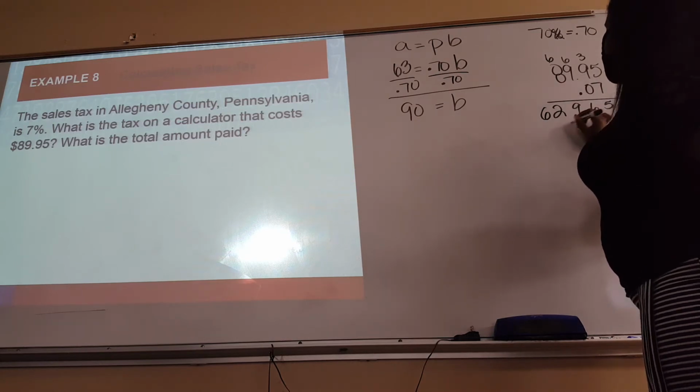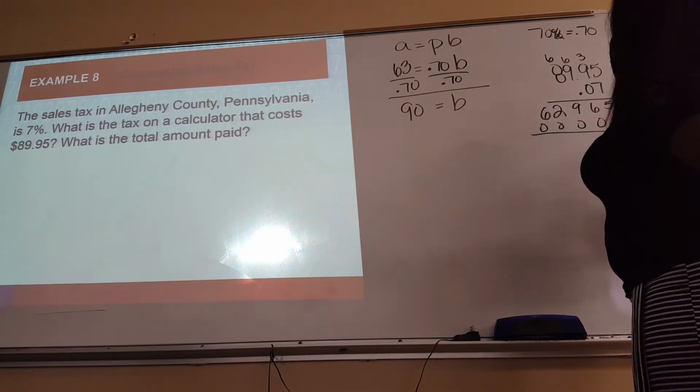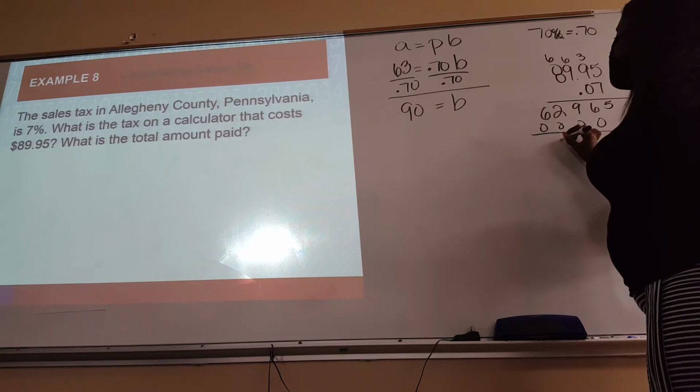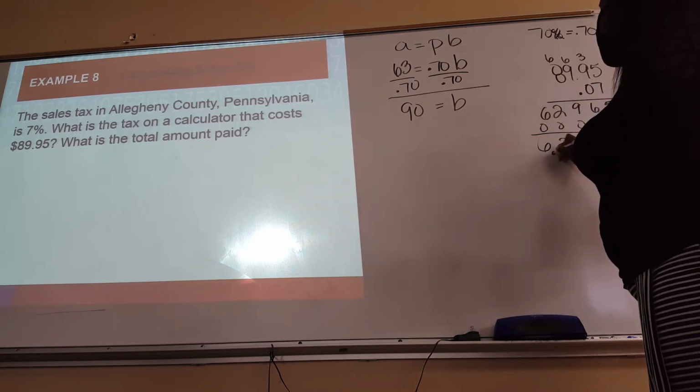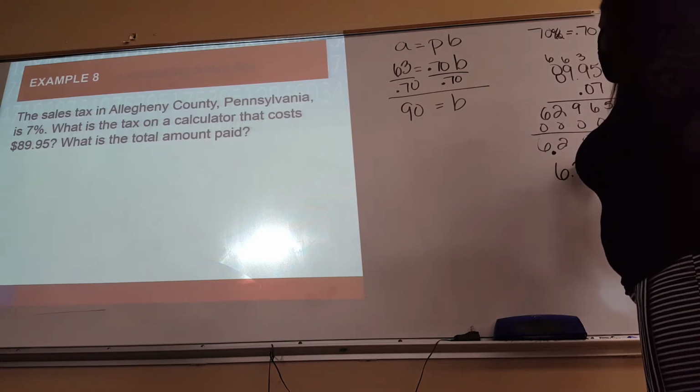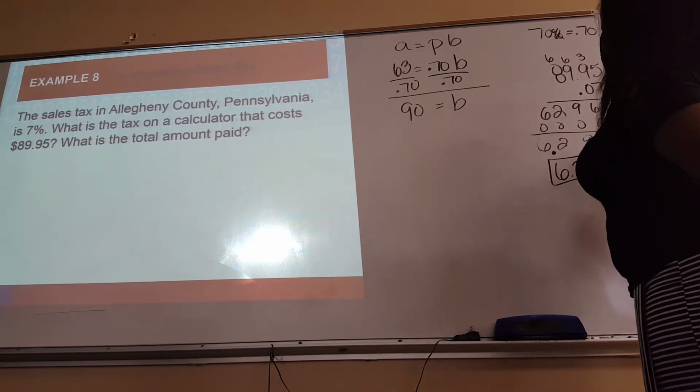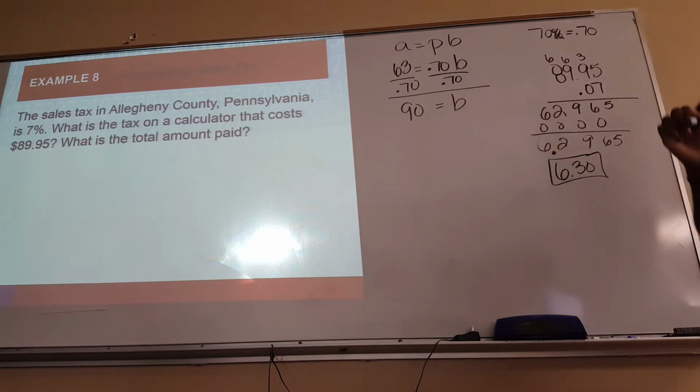Multiply all the bottom by 0 and we know it's 0. So 5, 6, 9, 2, 6. Come over 4 decimal places. So we can round up that we have $6.30 as the sales tax on $89.95.